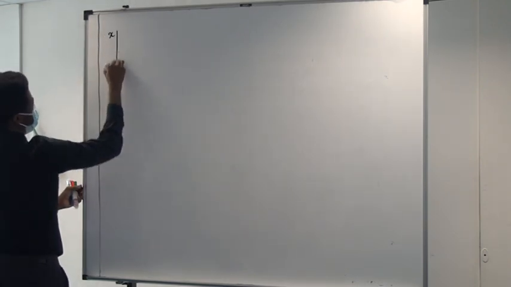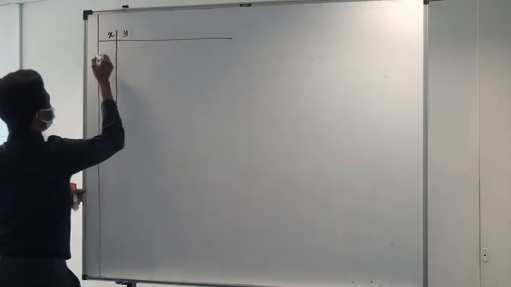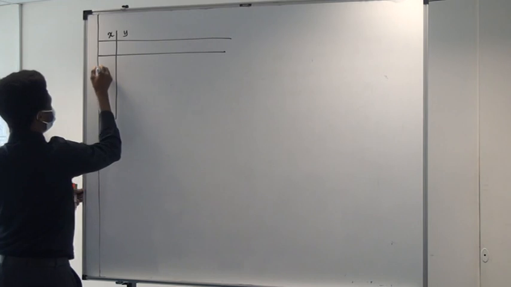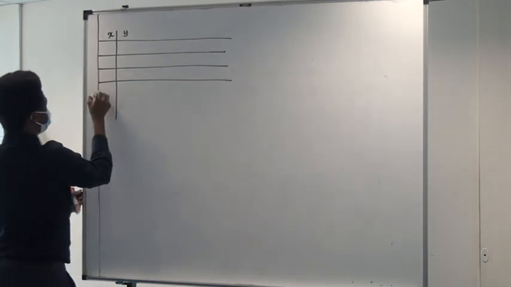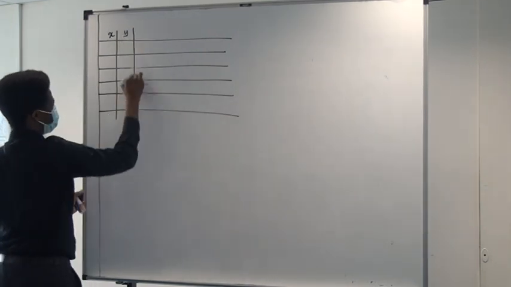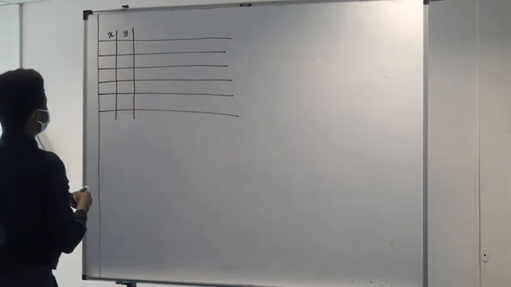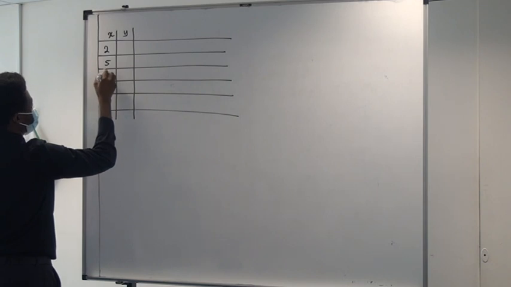X and Y. So you have 5 data. 3, 4, 5. Okay, so what are the information? Yes, X, 2, 5, yes. 6. Speak louder, please. 639.